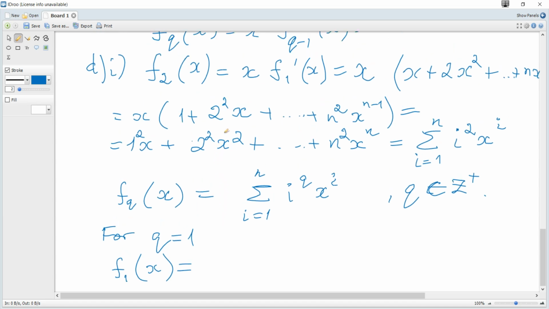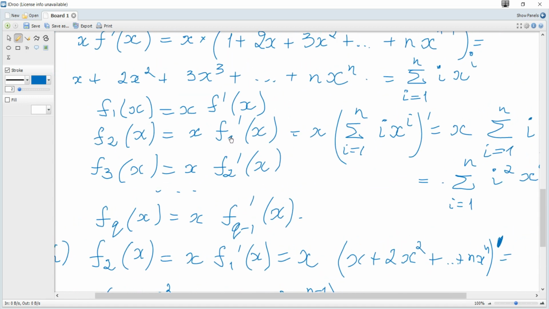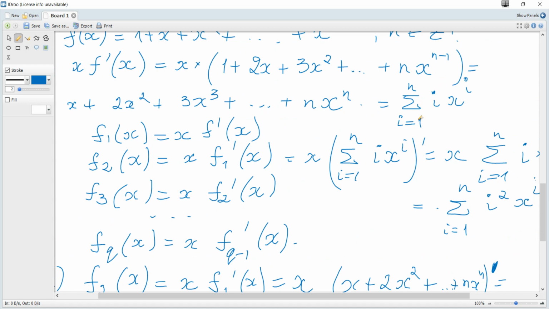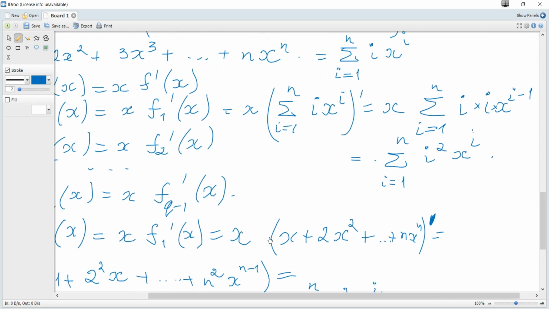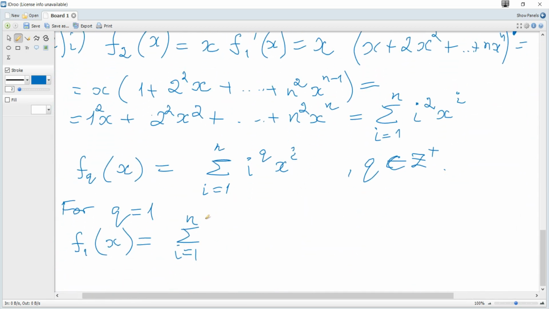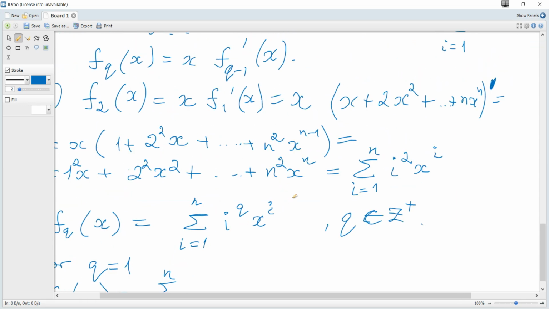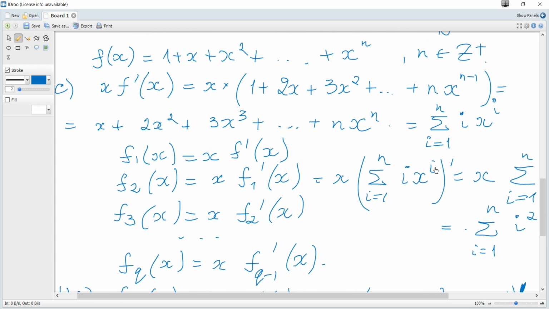It's x f prime of x, the derivative of f, and let's use sigma notation, so it's the sum for i from 1 to n of i x to the power of i.